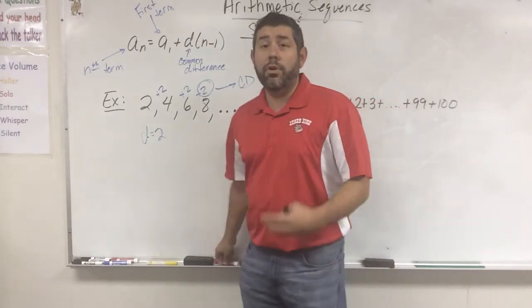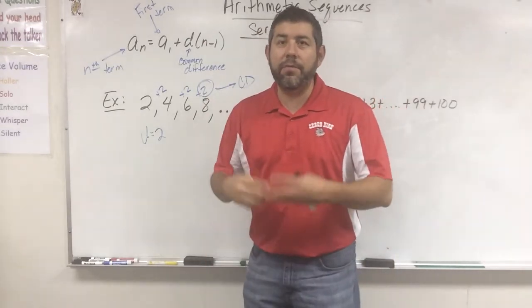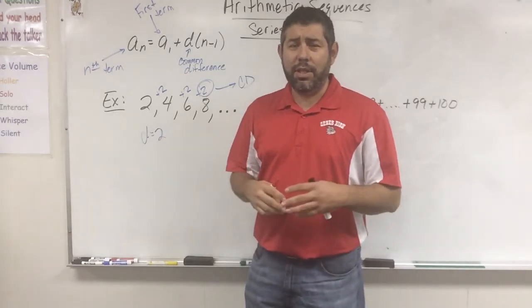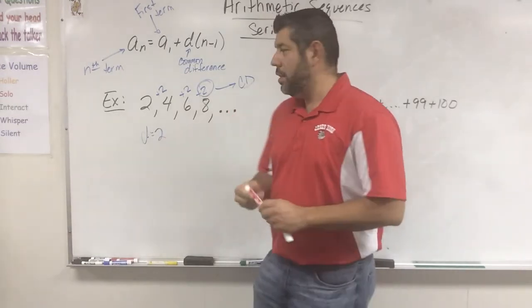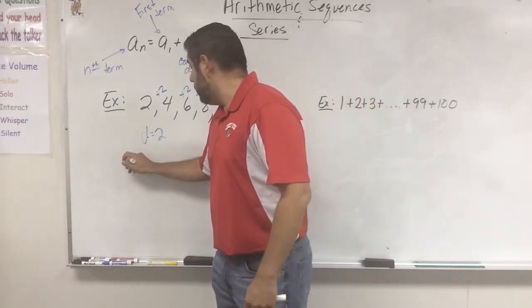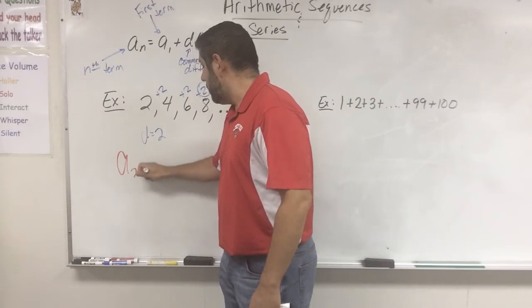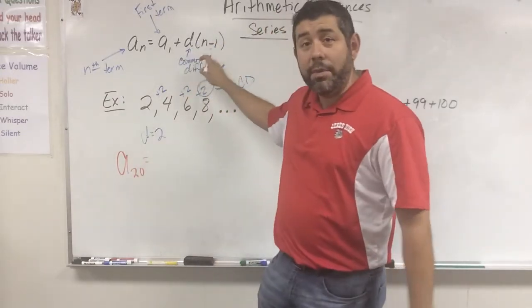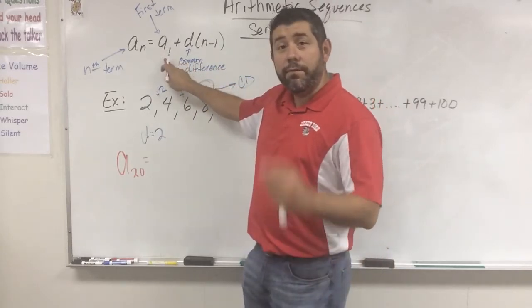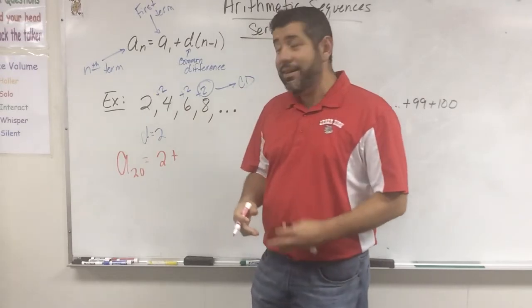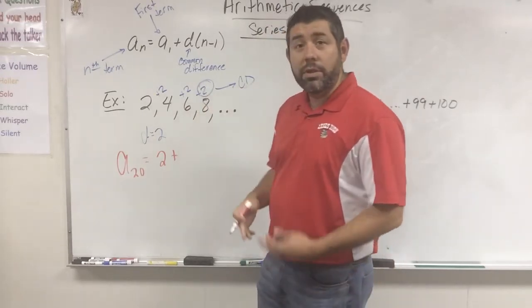So let's say we're looking for the 20th term. I already got 4 terms, so let's do something a little more difficult than that. Let's say we're looking for a sub 20, the 20th term in the sequence. Well, we're going to use our formula for arithmetic sequences, which we have up here. So our a sub 1, our first term, is 2. Our d is 2, because that's what we just figured.